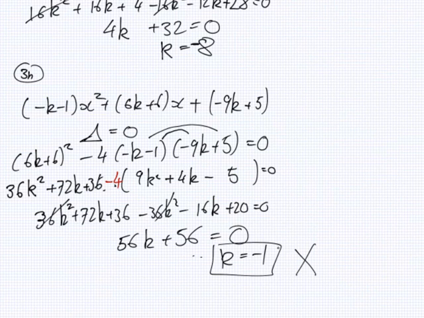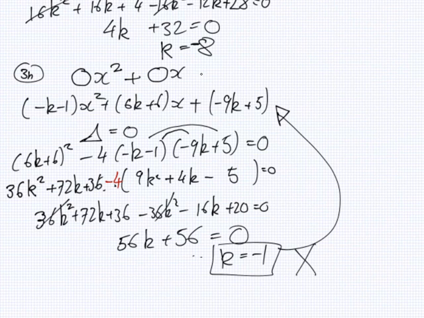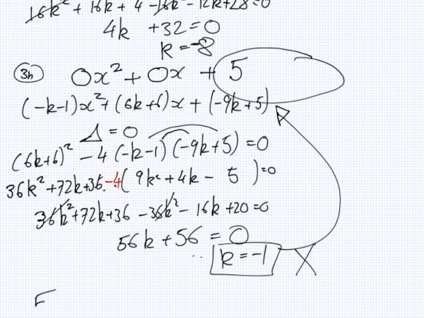Because if I put this back in here, I will get 0 plus 0 plus 5. And my question is, how many solutions does this equation have? 5.